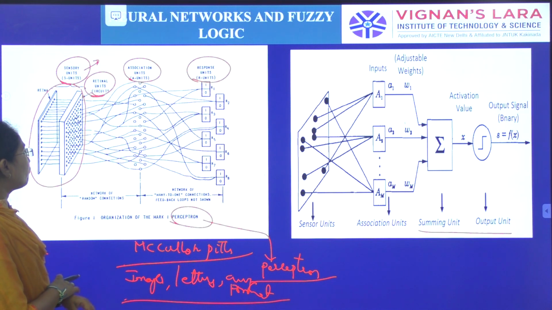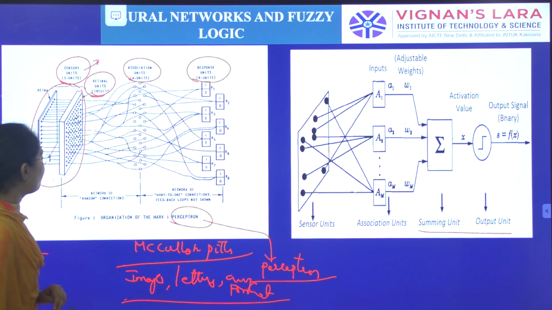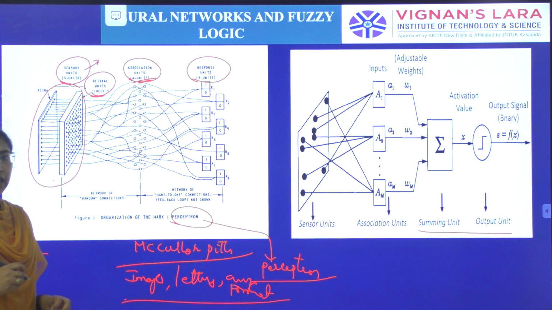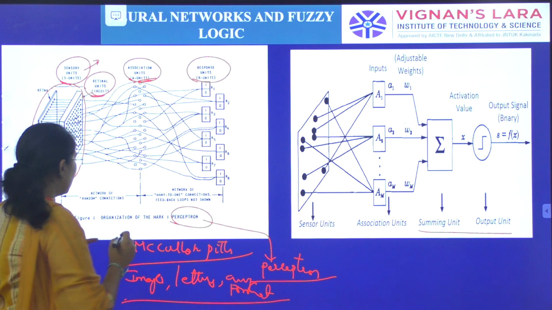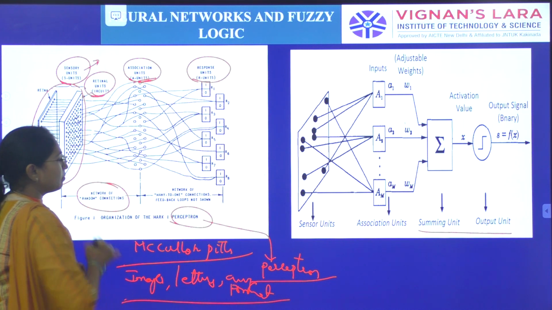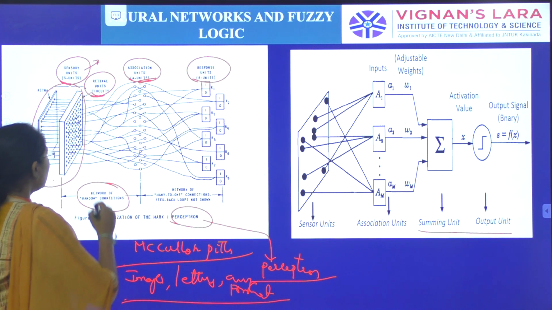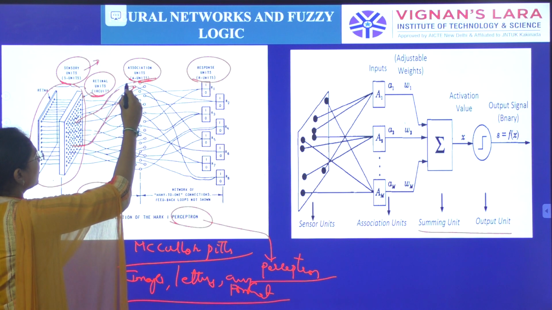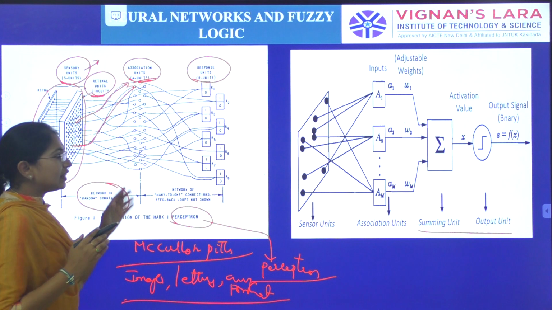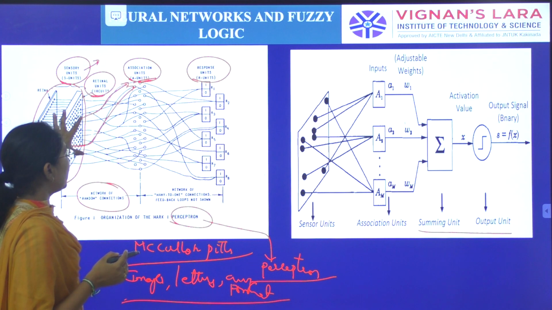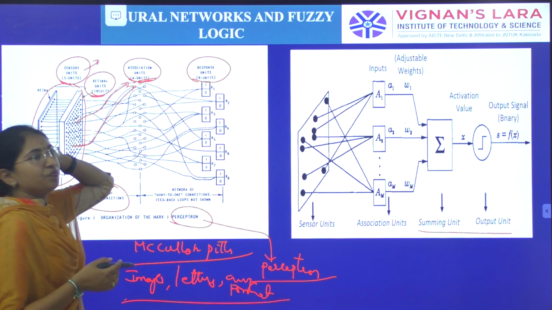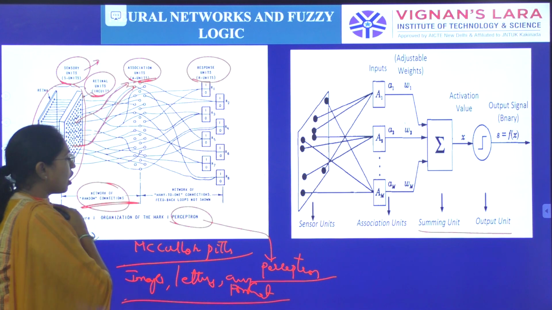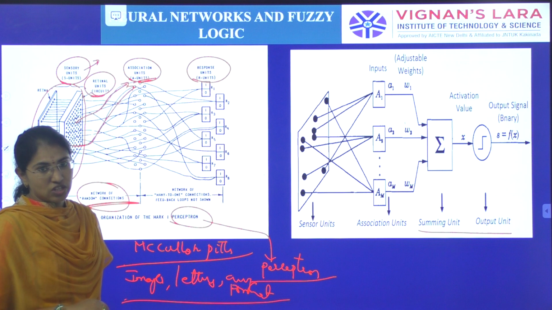Now the input from this sensory unit is fed to the association unit through a network of random connections. Here, this is called the random connector, and the input in the sensory unit will be fed to the association unit through n number of random connections.